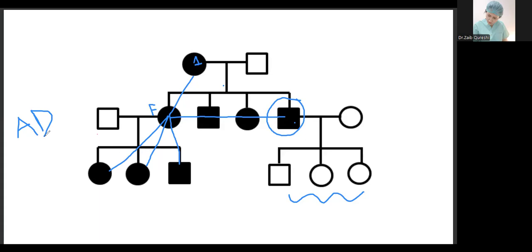Guys, this part of the chart is everything you need to understand. In an autosomal dominant disease, this person with a dominant disease will definitely transfer the disease to one or two of his babies. Okay, this is not skipping of generation. Sophia, this is not skipping of generation.